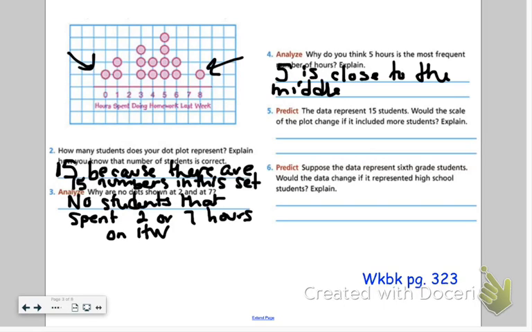Number 5, let's see here. The data represent 15 students. Would the scale of the plot change if it included more students? Explain. Well, I think the least time would probably stay the same, right?